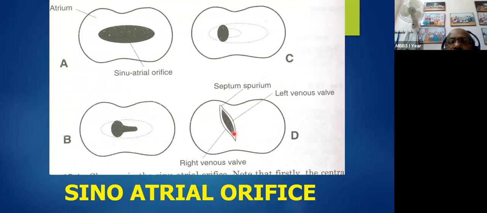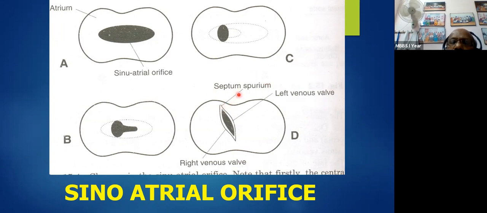Now an important point: the sinoatrial orifice is guarded by valves. On the right side we have the right venous valve, on the left side the left venous valve. Both valves are getting fused cranially. That valve is called septum spurium.